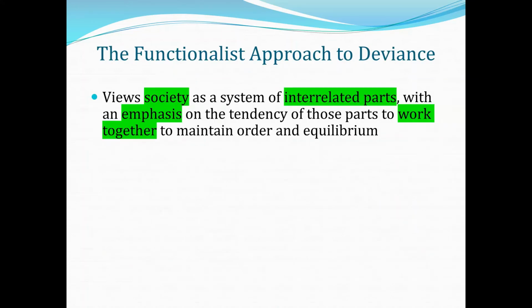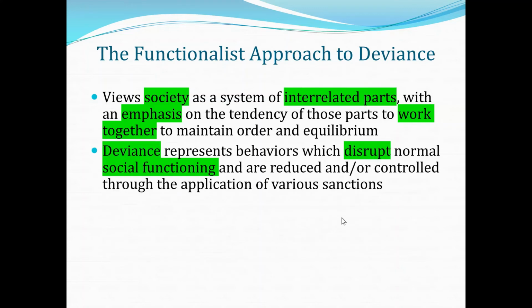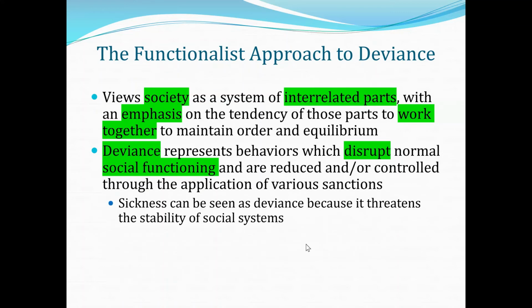So let me get into details about the functionalist approach to deviance. The functionalist approach views society as a system of interrelated parts, with an emphasis on the tendency of those parts to work together to maintain order and equilibrium. Deviance represents behaviors which disrupt normal social functioning and are reduced or controlled through the application of various sanctions.